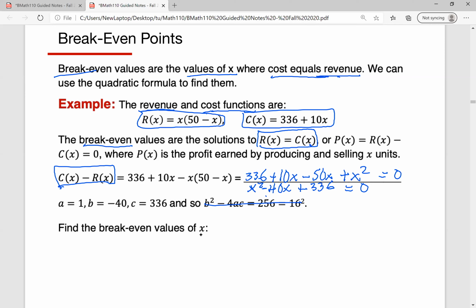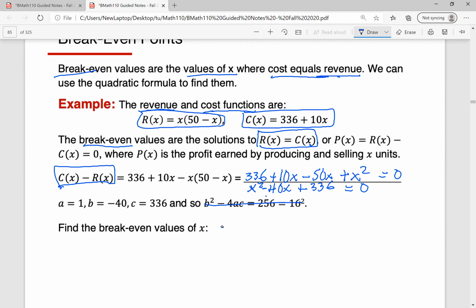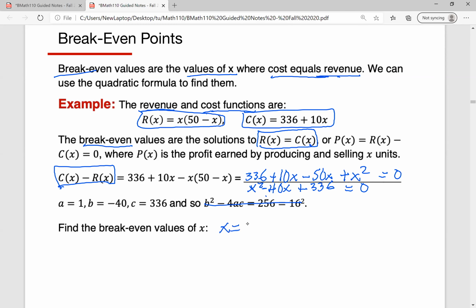In order to find x, you want to use the formula x equal to negative b plus and minus square root of b squared minus 4ac, over 2a. Okay.